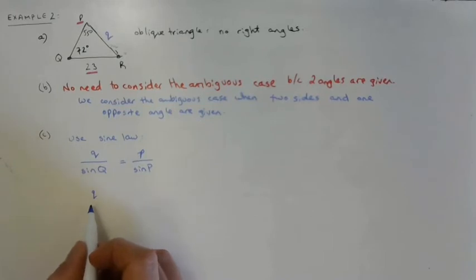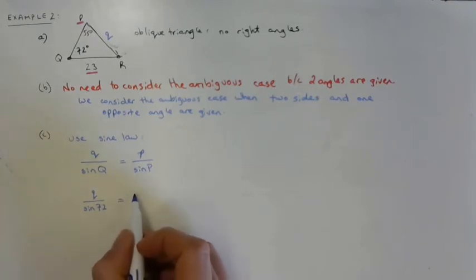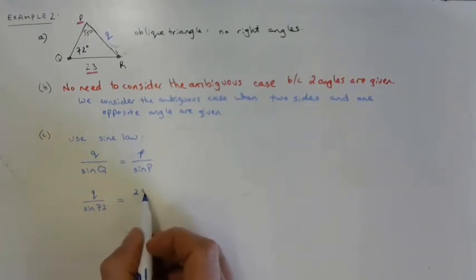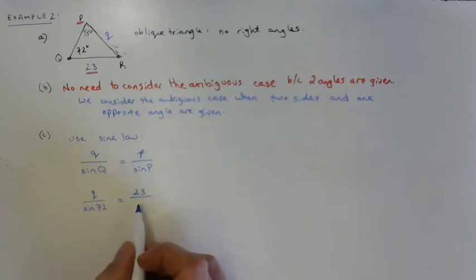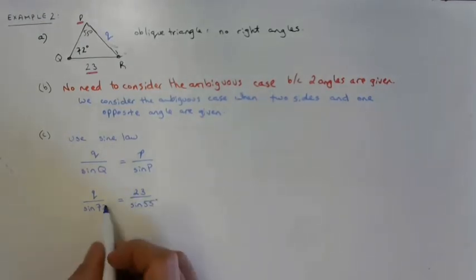I'm looking for lowercase q, so I keep that there. The sine of capital Q is the sine of 72. Lowercase p, I know, is 23 meters. And capital P, I know, so on the bottom we have the sine of 55 degrees.